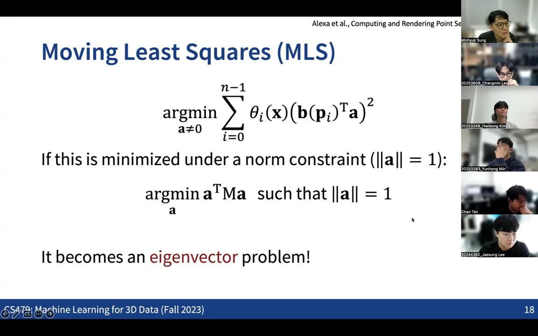And this problem can be solved as an eigenvector problem. Can you see why this optimization becomes an eigenvector problem? Any thoughts on this?